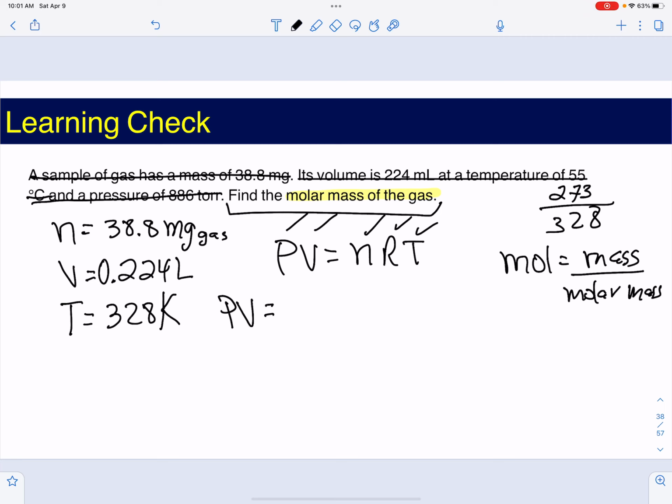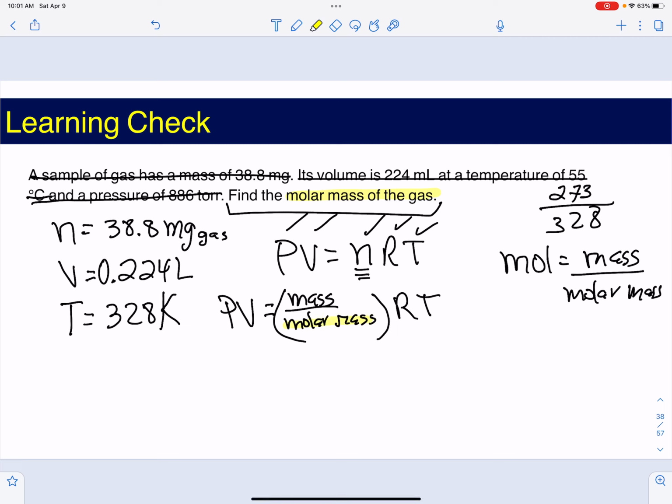PV equals moles, which is mass over molar mass, times R times T. So we are solving for molar mass.